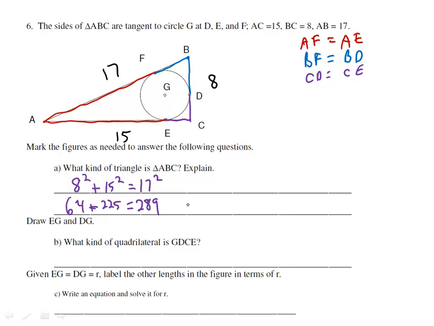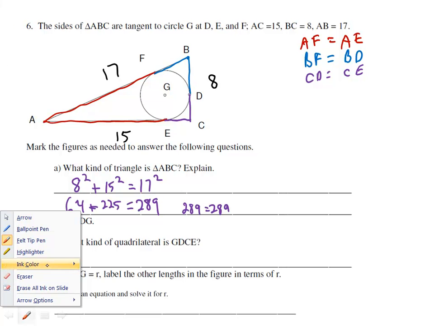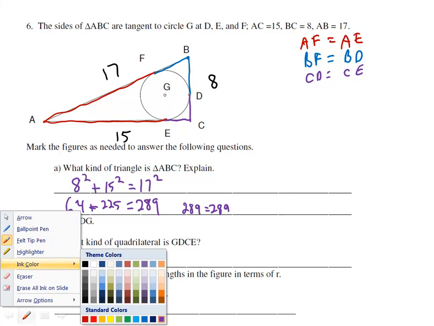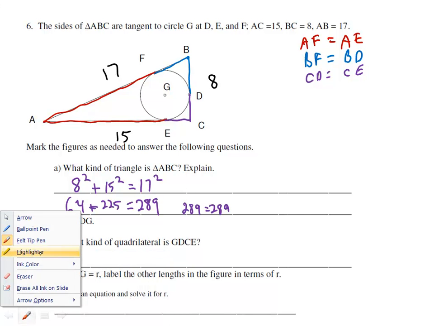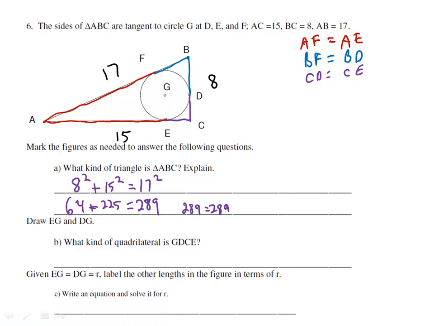And it does, so it's a right triangle by the Pythagorean converse theorem. I'm going to abbreviate because I want to save some room for the work I'm going to have to do here.